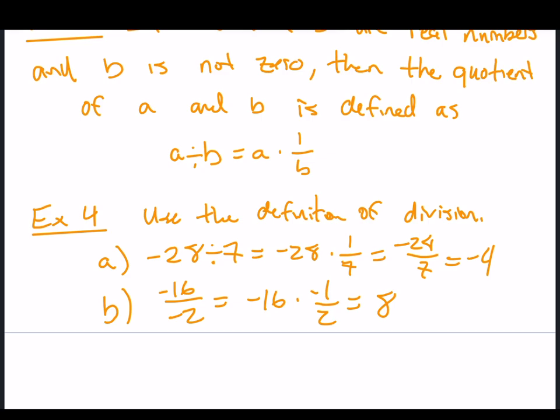Okay, let's now move on and discuss the quotient of real numbers and some properties of quotients. The quotient of real numbers. So some properties.